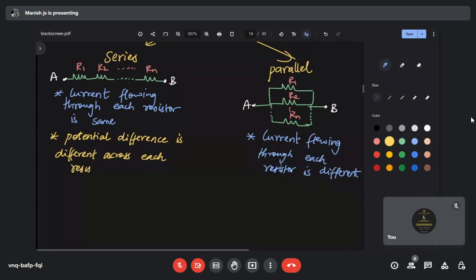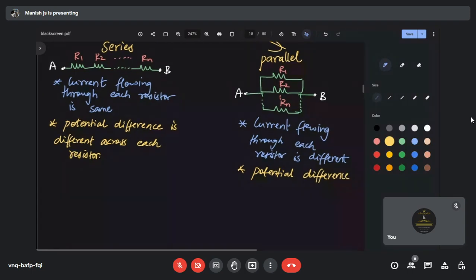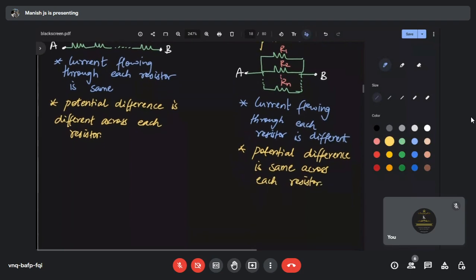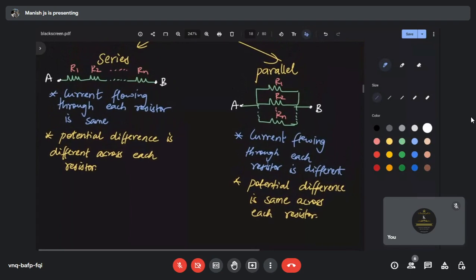It's different across each resistor, but in parallel combination, the potential difference is the same across each resistor. So that is again something that you will have to note down.